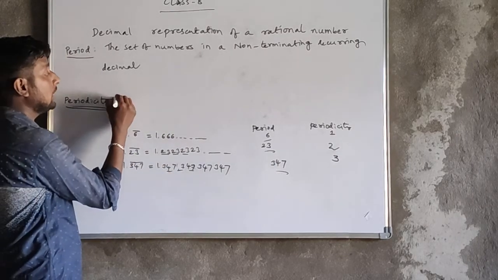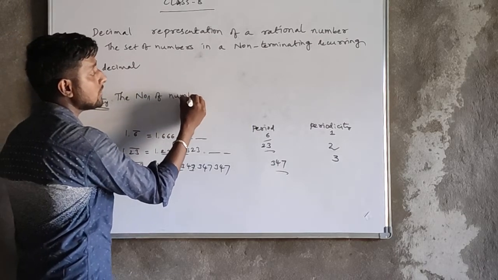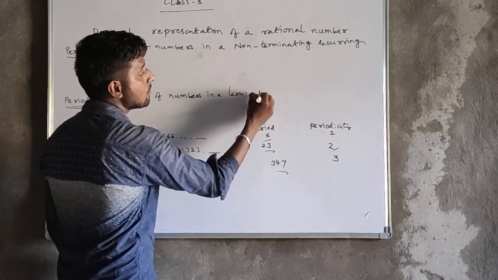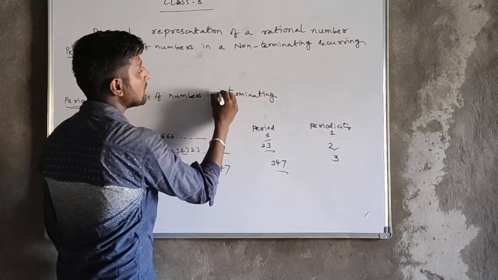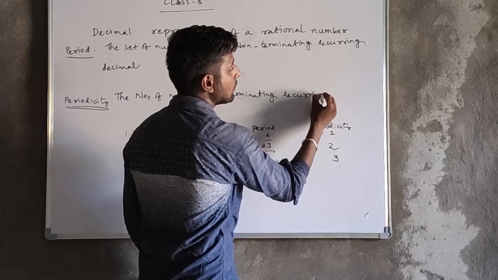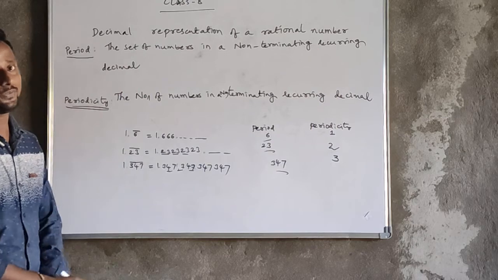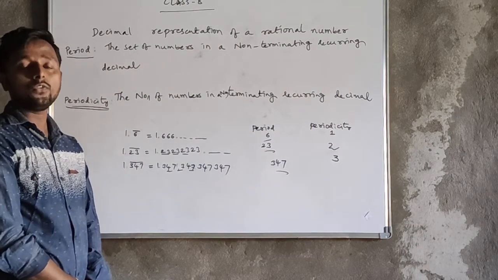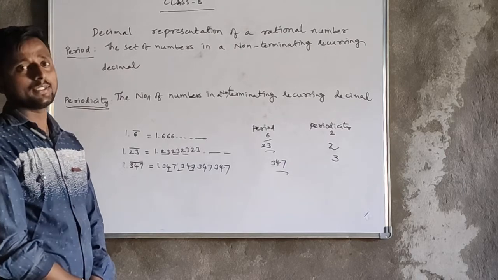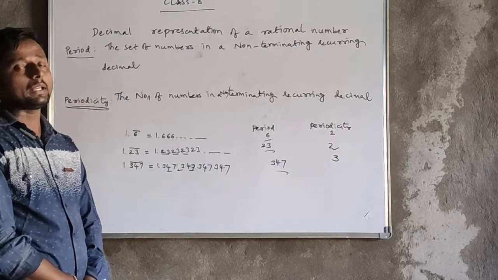So I can write here the number of numbers in a non-terminating recurring decimal. So that is the definition. Period is nothing but the set of numbers in a non-terminating recurring decimal, and periodicity is nothing but the number of numbers in a non-terminating recurring decimal.